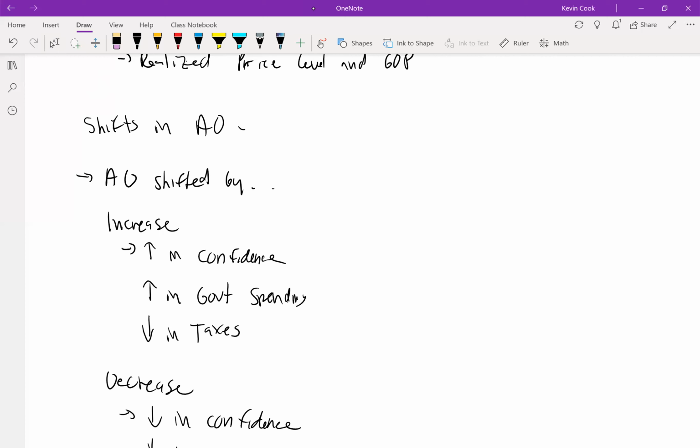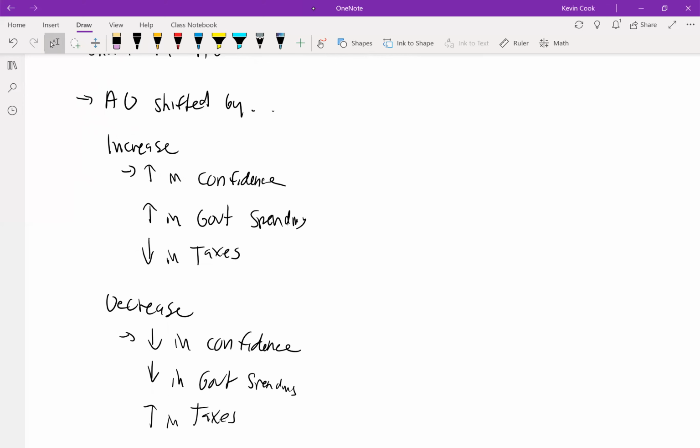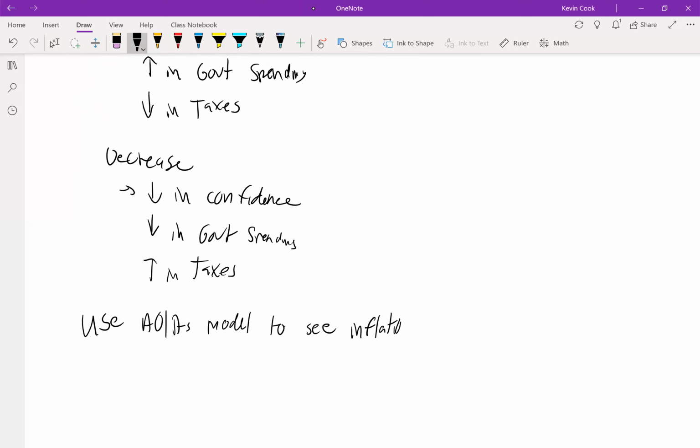The third and final part of aggregate demand, aggregate supply that we really emphasized was using our aggregate demand, aggregate supply model to see inflation, growth, and unemployment.